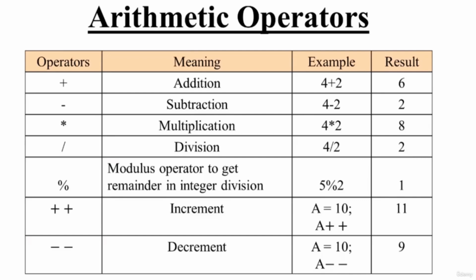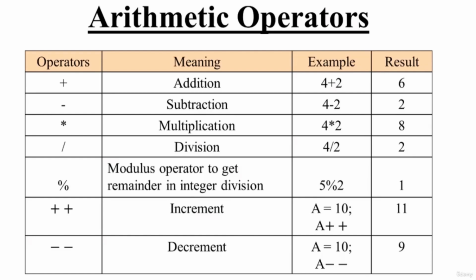In arithmetic operators, you can see plus, minus, the asterisk for multiplication, the forward slash for division, and the percentage symbol for the modulus. It means if you want to add, subtract, multiply, or divide two numbers. For example, you say 5 divided by 2. So what will happen?